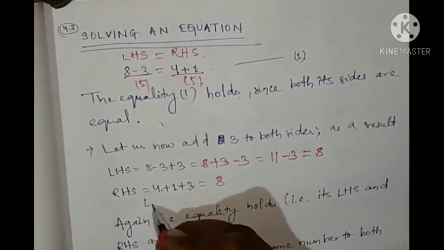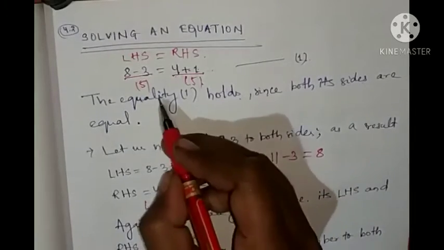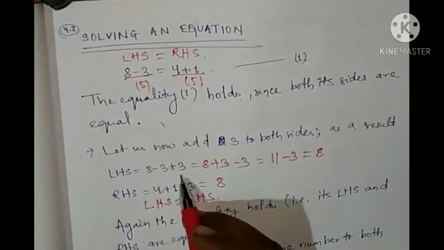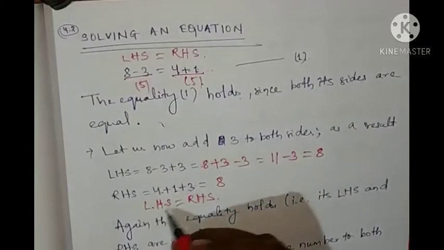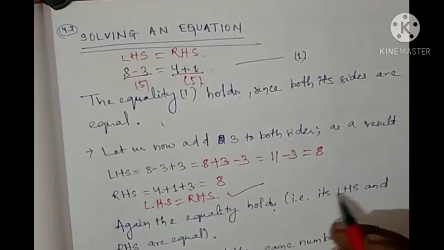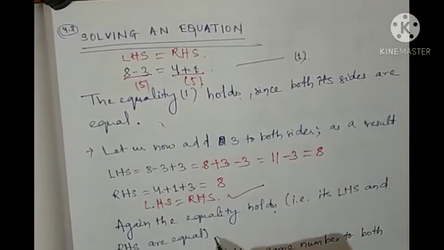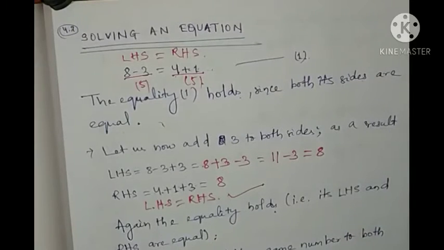So look here, again LHS equal to RHS. If we add the same number to both sides of an equality, LHS is still equal to RHS. Again the equality holds, meaning LHS and RHS are equal.